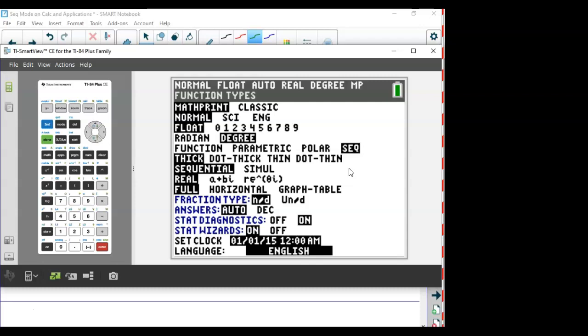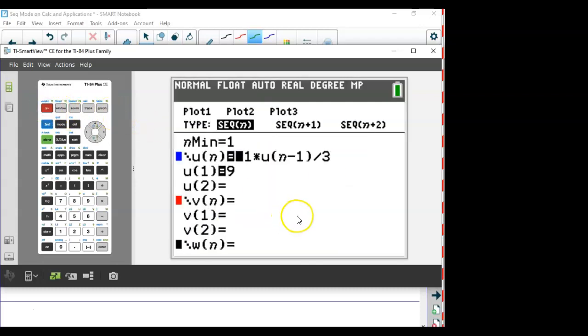Mine might look more like some of yours who have brand new calculators. But if you go to y equals, this is what you should have here, sort of. It doesn't show the same thing at the top necessarily, but it should start with n min, and then it should say u sub n.